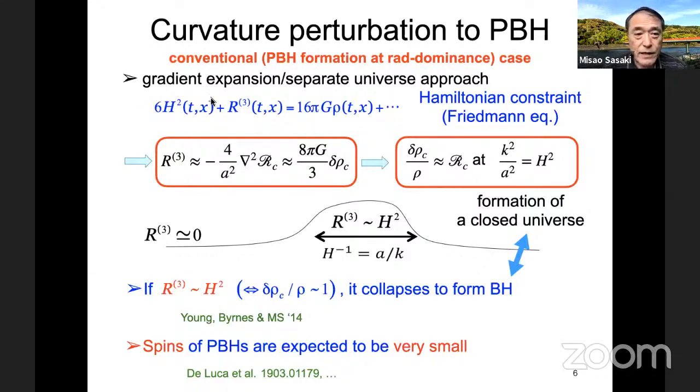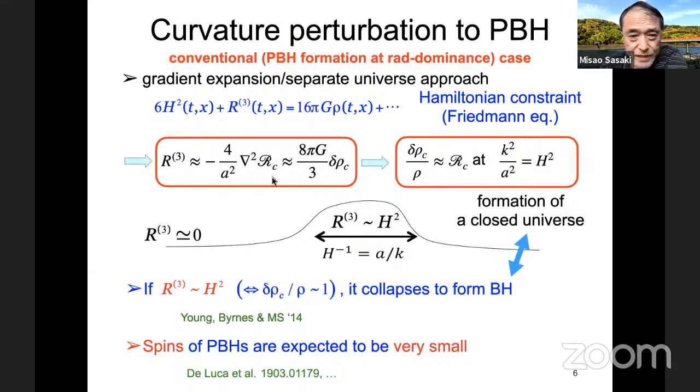On the left-hand side you have the curvature, which consists of the Hubble expansion rate squared plus the spatial curvature, and the right-hand side is equal to the energy density of the universe.